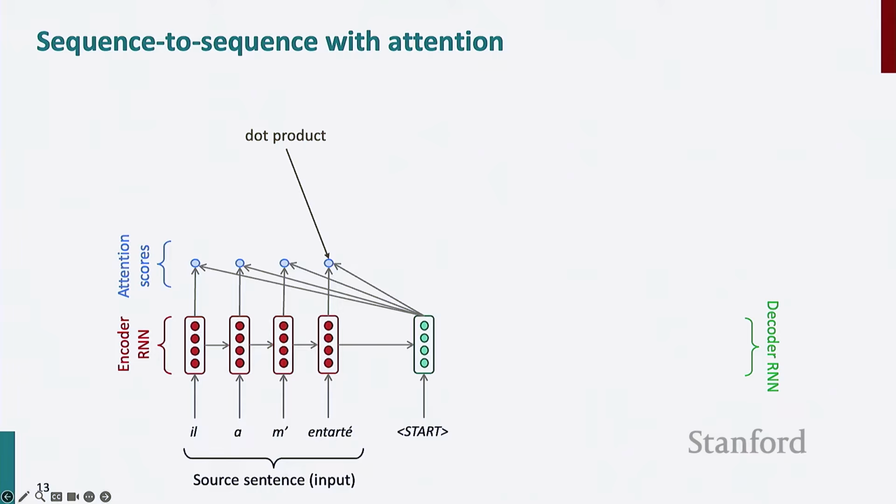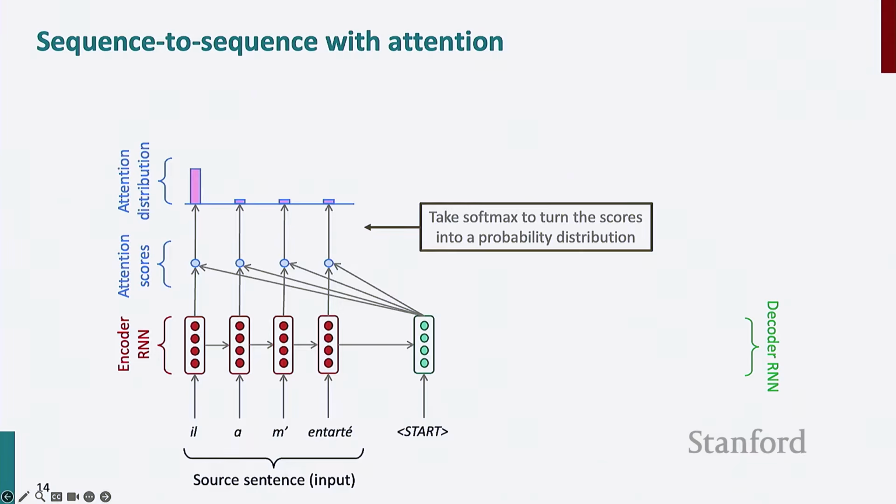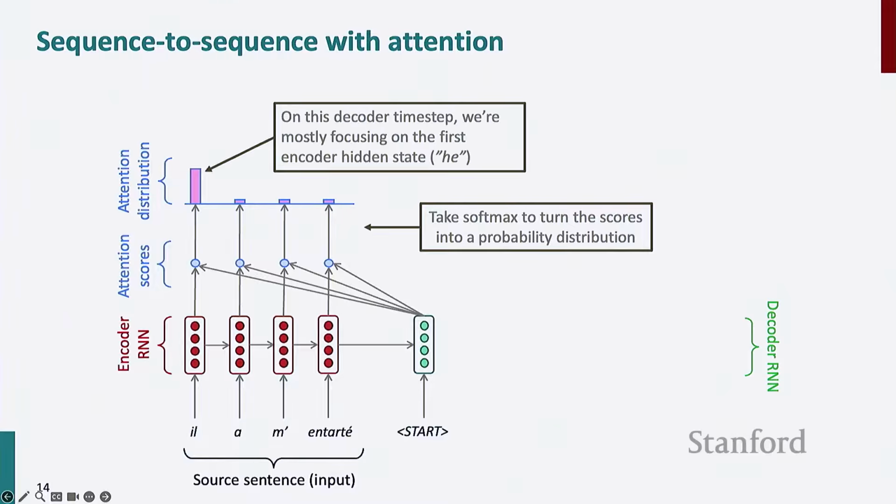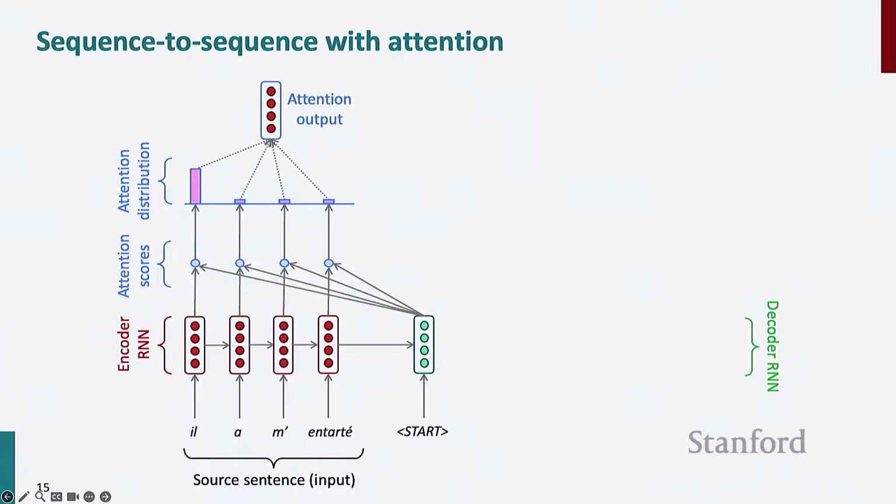And so based on these attention scores, we'll stick them into a softmax, as we commonly do, and we'll then get a probability distribution or a weighting over the different positions in the sentence. And then we will use this weighting to compute a representation based on the encoder, which is then going to be a weighted average of the encoder states.